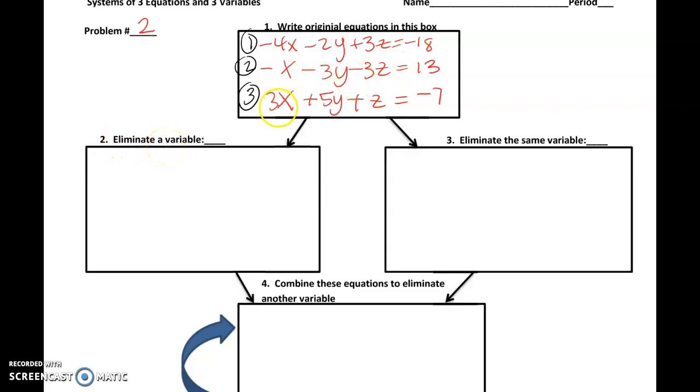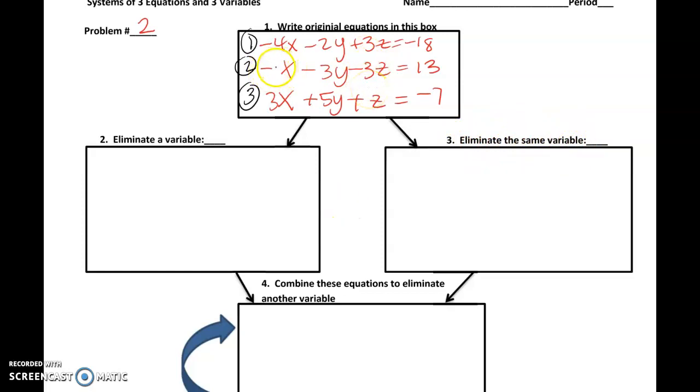I'm going to look at my equations, and I see that it's fairly easy here to eliminate my z's. And then I look at another one because I know I'm going to have to use 2 different equations to eliminate the same variable, because over here at number 3 it says eliminate the same variable. So it looks like z is pretty easy to eliminate.